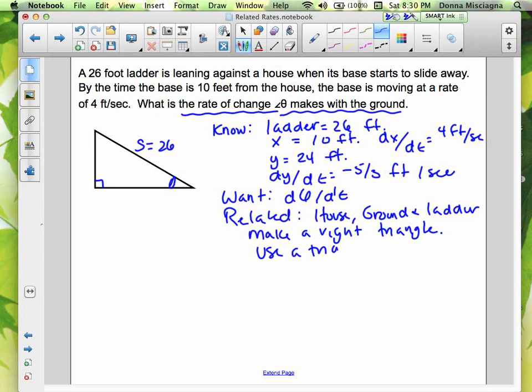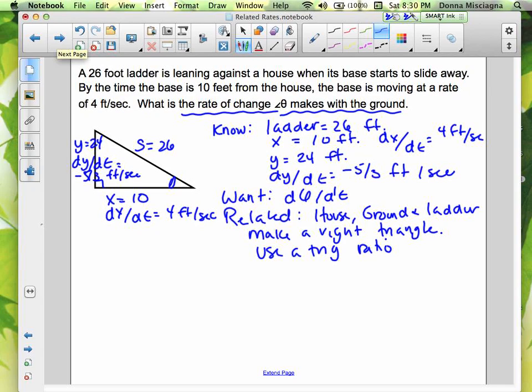Which one? Well, there's only one good choice. Let me put everything up here. So y is 24, dy/dt is negative 5/3 feet per second. x is 10, and dx/dt is 4 feet per second.